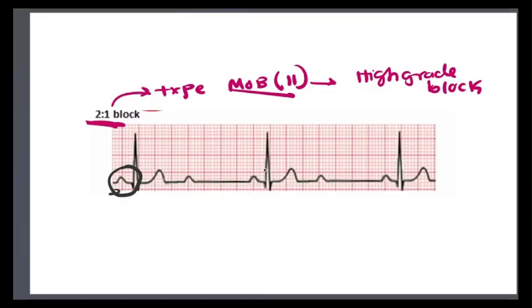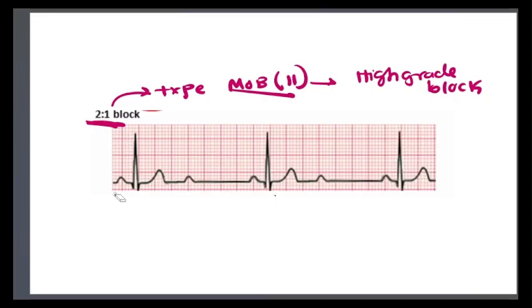Again, if you look here, there is a missed beat, but you don't have any other PR interval information. What is the PR interval over here? You have to compare these two to come to a conclusion that this is Mobitz 1 or Mobitz 2. The trick itself will not tell you that it is Mobitz type 1 or type 2. You need data that shows that there is progressive prolongation of PR interval or there is a fixed PR interval.